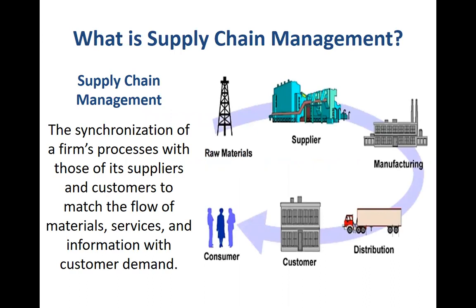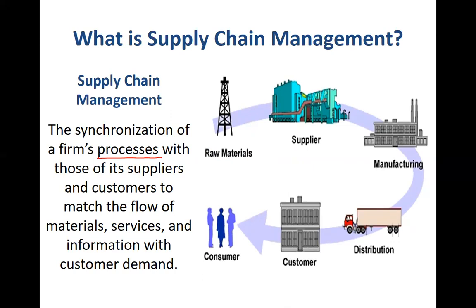Now, supply chain management is the synchronization of a firm's processes with those of its suppliers and customers to match the flow of materials, services, and information with customer demand. We see that in this definition, the idea of processes is central. It's highlighted in the overall definition.